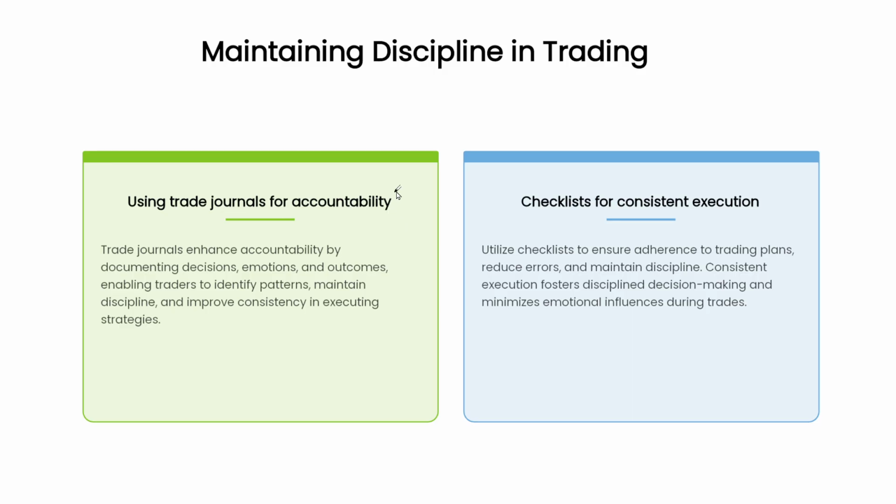Checklist for consistent execution. Once you have done this basic homework, if you just observe your winning trades, most of the time you must have done things right. You have entered at the right time, as per indicator, as per volume, or as per whatever strategy you designed. And for most of the wrong trades, you will find that you have gone against the trade rules which you have made.